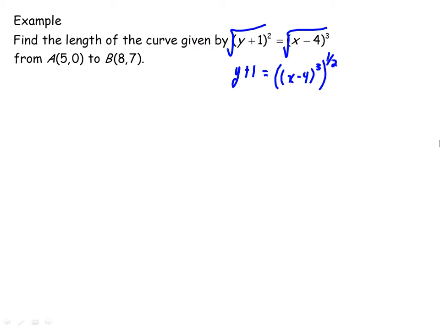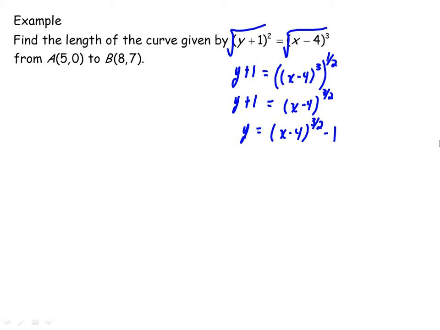Well, going back to your algebra days, if you have a power raised to a power, what do you do with those powers? Multiply. So this turns into y plus 1 is equal to x minus 4 raised to the 3/2 power. Now, of course, you got to get y by itself, so you're going to have y is equal to x minus 4 to the 3/2 power minus 1.